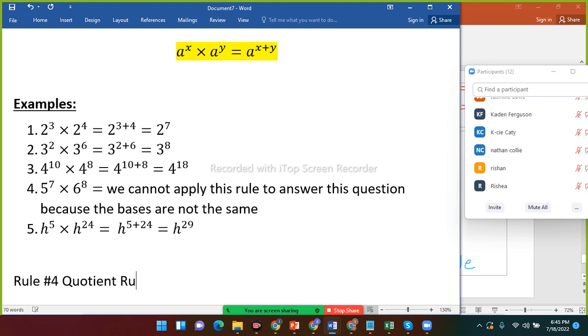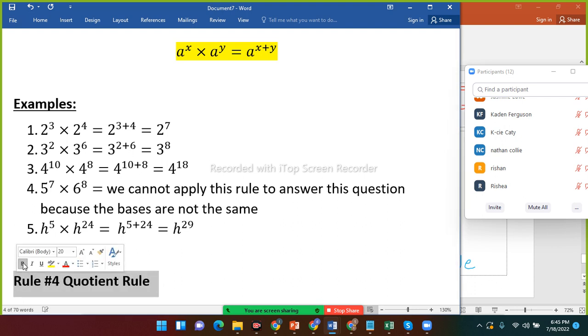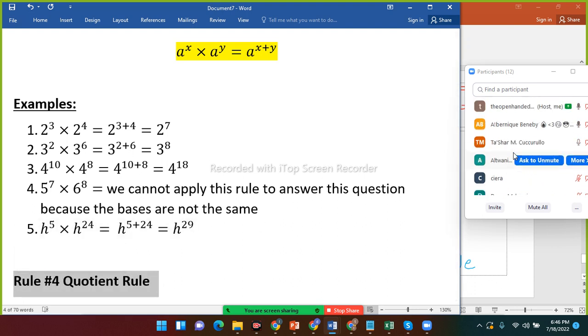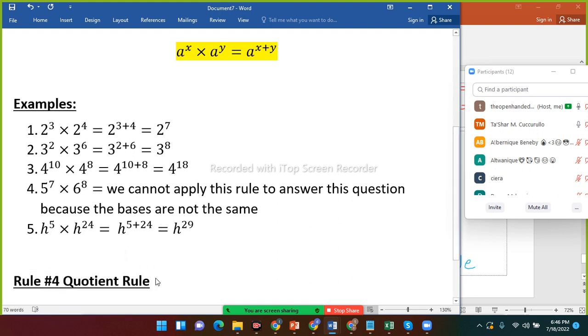So anyone know what we mean by quotient? What is meant by the word quotient? Divide. Excellent. Quotient means to divide, the answer that we get when we divide two numbers.